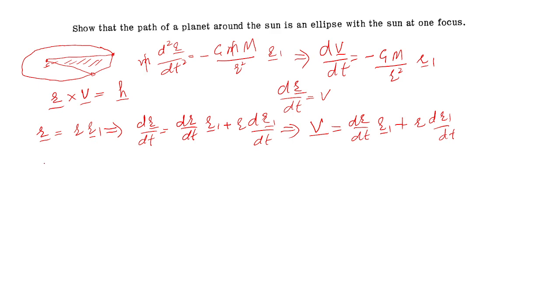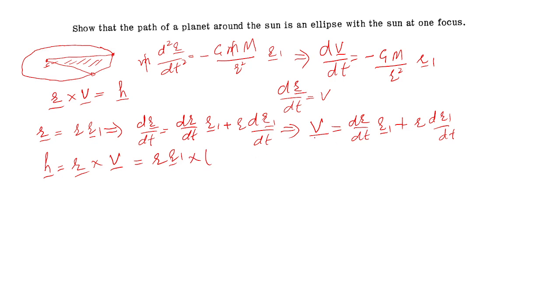Now the h vector is r cross v. So r can be written in this way: magnitude r times r1, the magnitude form and the direction form, and then cross v.